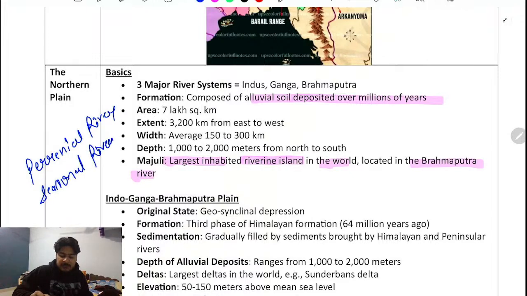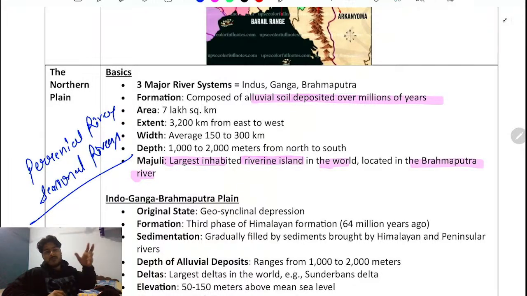A perennial river is a river which flows throughout the year, because there is enough water availability throughout the year. For example, any river which comes directly from the mountains, from the ice caps. Himalaya is the source of many rivers because of its frozen ice.